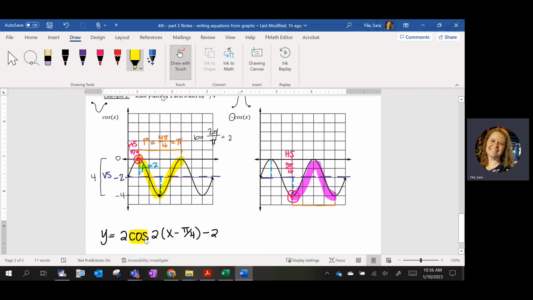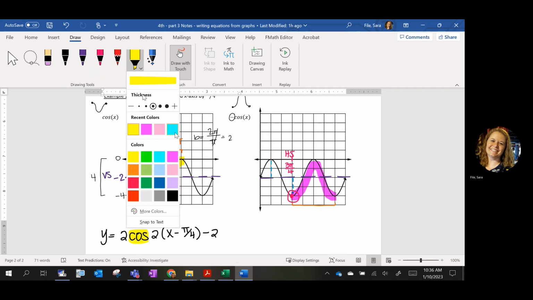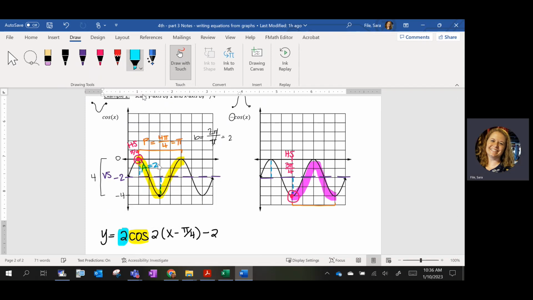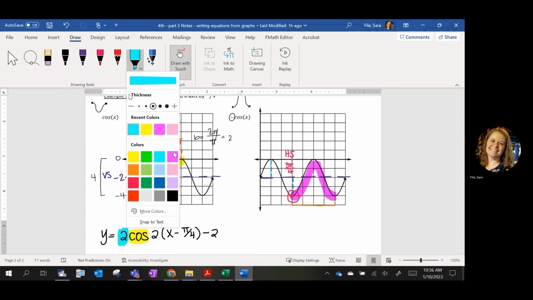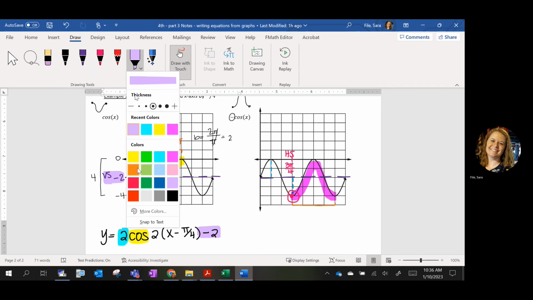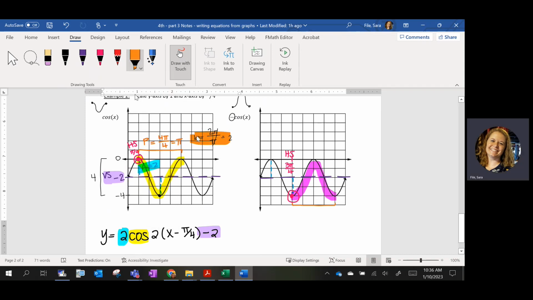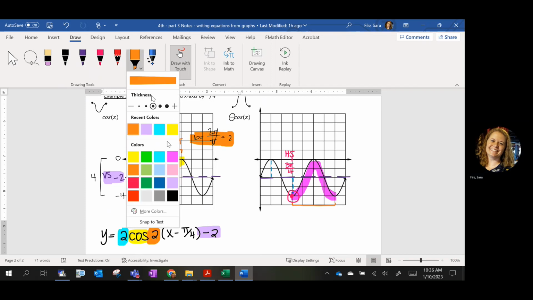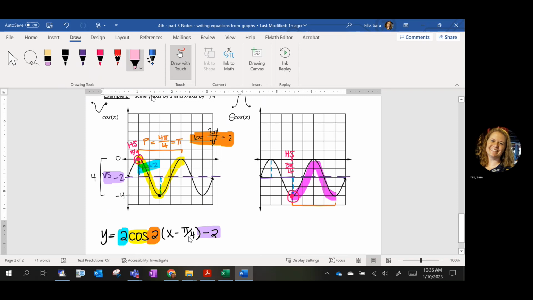So I did positive cosine, amplitude of 2, vertical shift down 2. The b came out to 2. Lots of 2's in this one. And the horizontal shift was pi fourths.